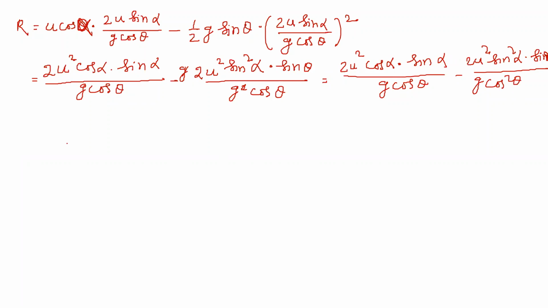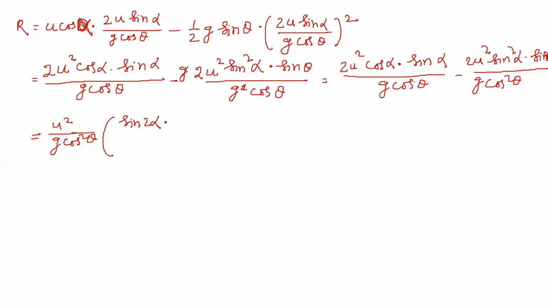Then again, here I want to take common U square by G cos square theta. Take common. Students, 2 sin alpha into cos alpha is sin 2 alpha. So I can write sin 2 alpha into U square, common goes away 2 cos alpha into sin alpha.